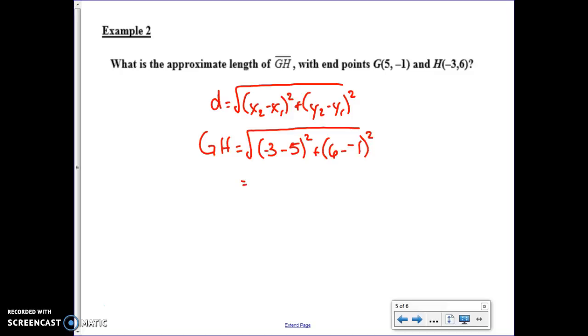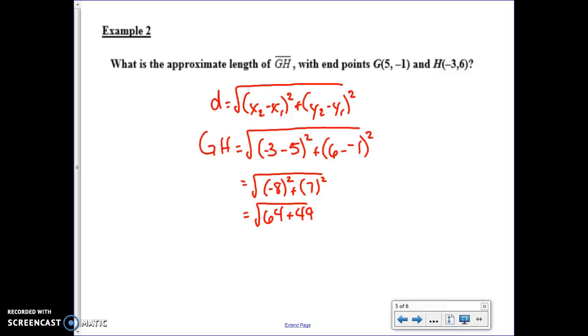So then -3 minus 5 gives us a -8, and we still have our squared, plus 6 minus a -1 is +7. So then -8 squared gives you a +64. 7 squared gives you a +49.